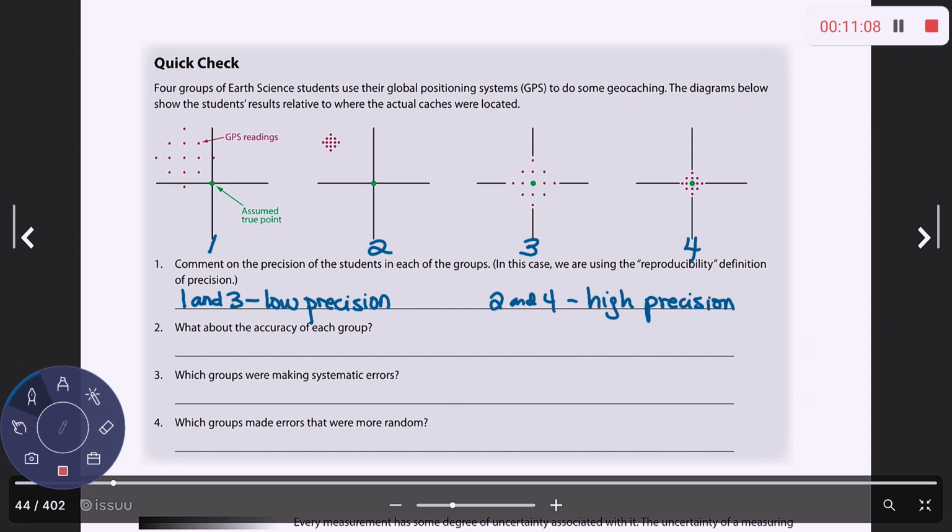And you can see here they have indicated the true value is at the center. Okay, so which ones do you think have high accuracy? 3 and 4. Yeah. And that means 1 and 2 would have low accuracy.